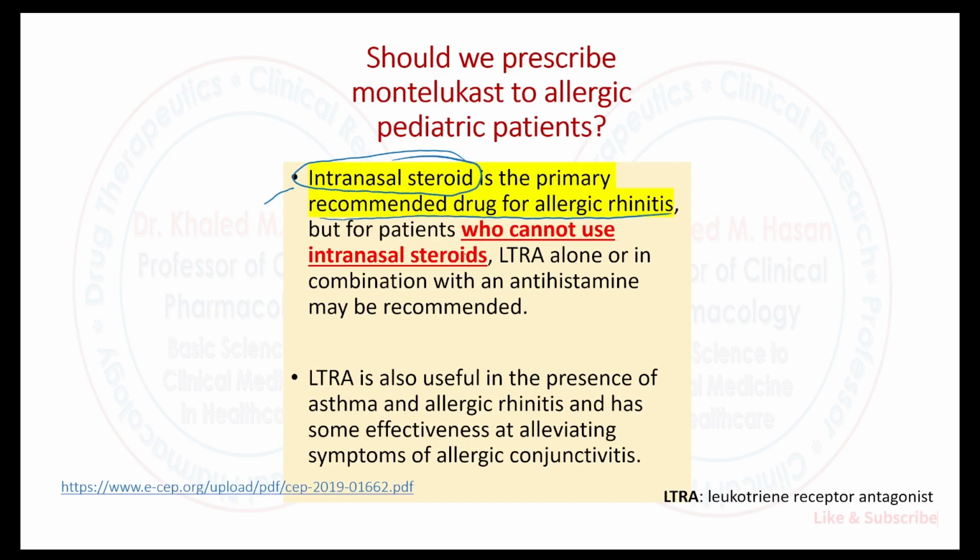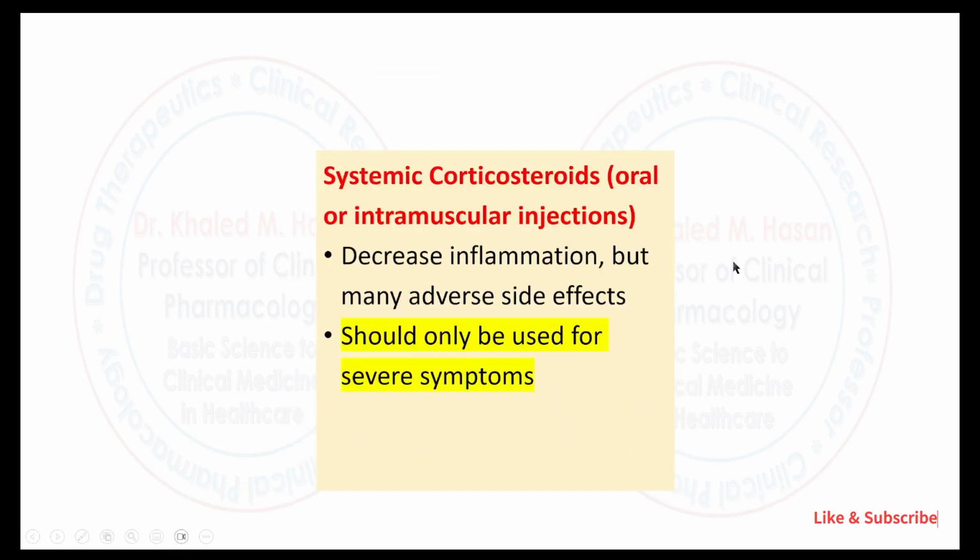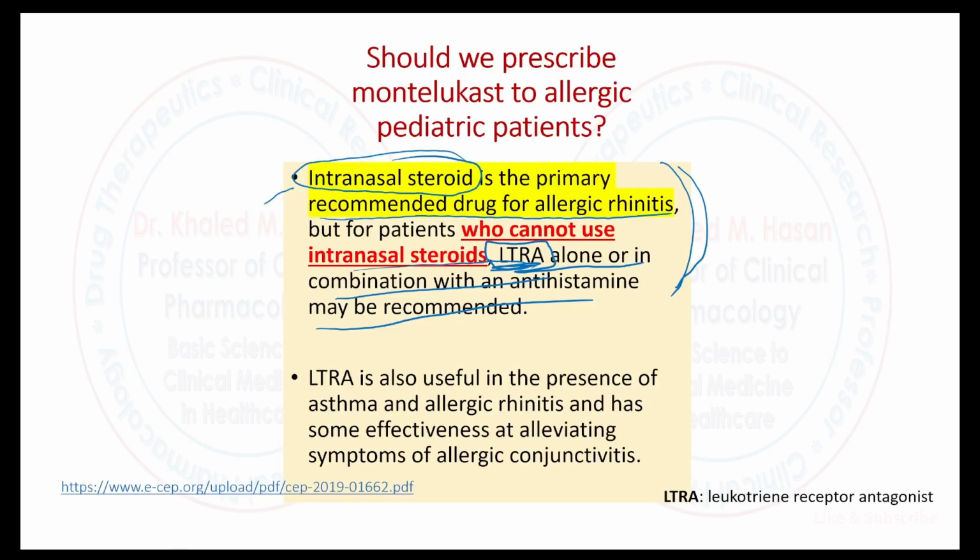But for patients who cannot use intranasal steroid, a leukotriene receptor antagonist alone or in combination may be recommended. So here we need to remember that if the patient is on cortisone and the antihistamine is not enough, and cannot control symptoms, the alternative will be a leukotriene receptor antagonist. Again, useful in treatment of rhinitis and asthma. Here we talk about children.